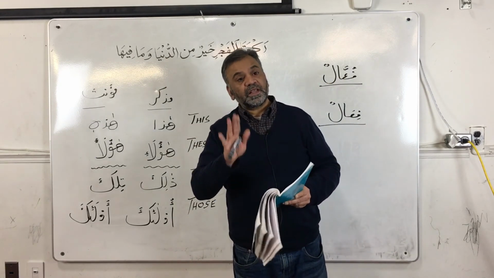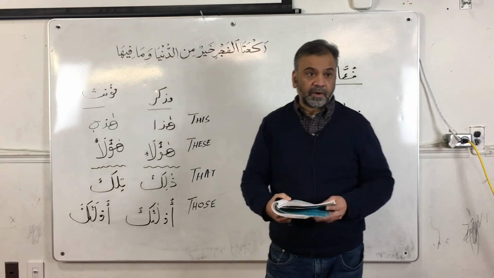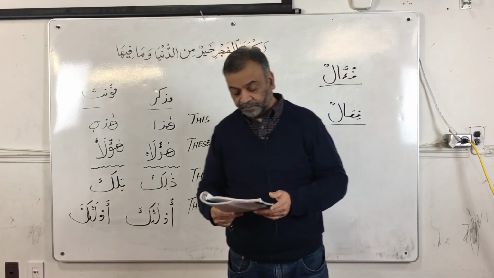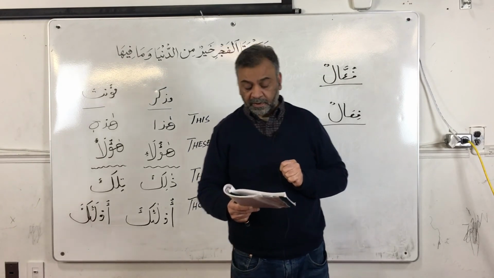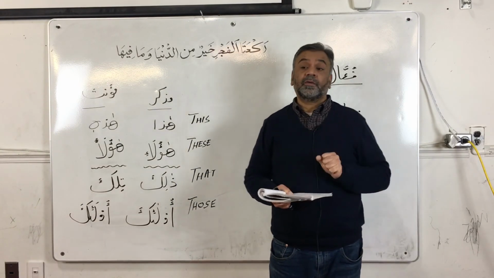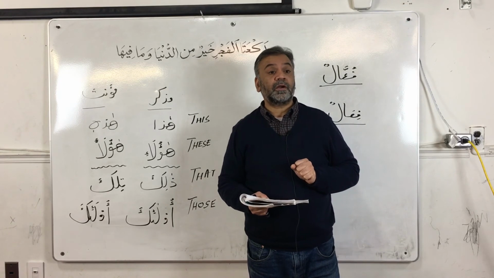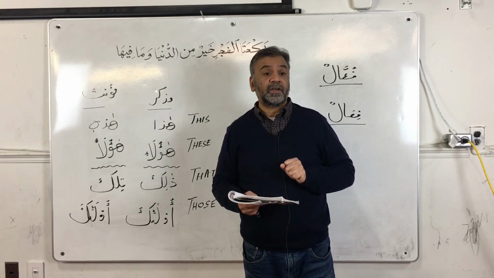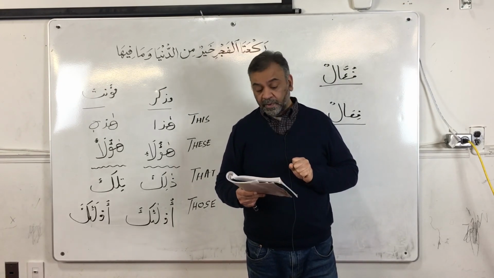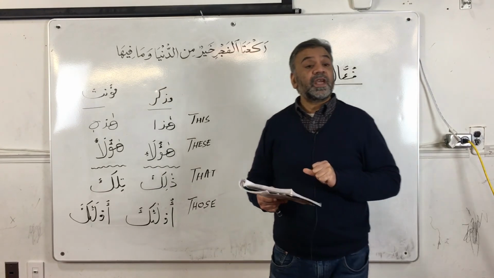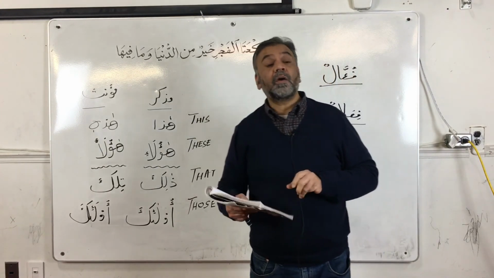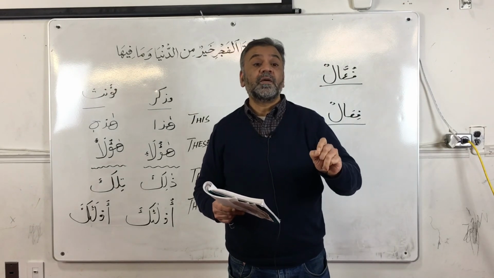Let's do number 3 and then we'll stop our class, inshallah. Let's take a look at the example. Abnaun, this is the broken plural, sons. Now, I want to say Abnau Muhammadin, sons of Muhammad.